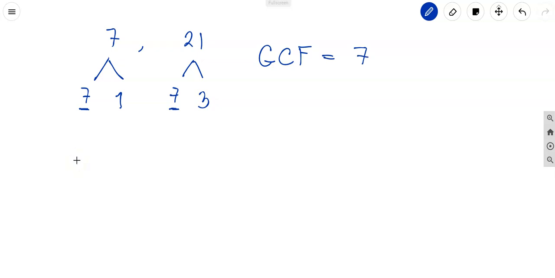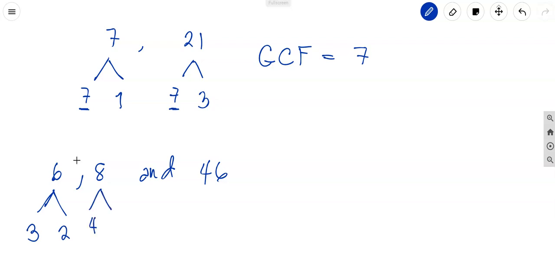Another example, let's say we have 6, 8, and 46. What is the factor of 6? We will have 3 times 2. What is the factor of 8? We will have 4 times 2, and 2 times 2.